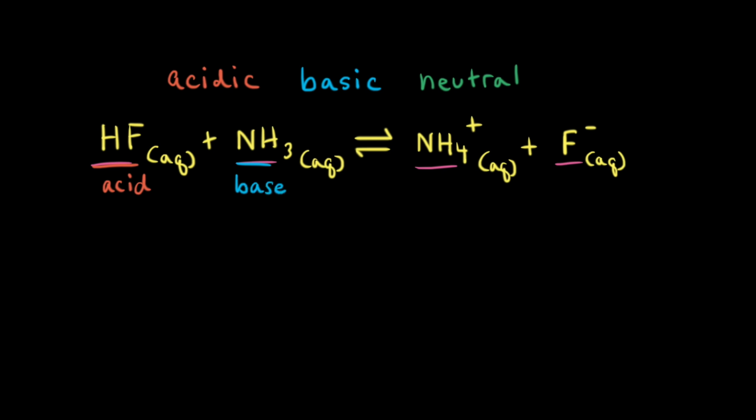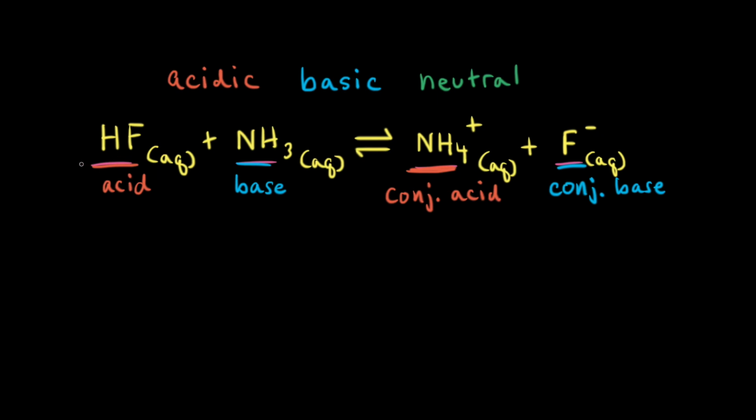And when HF donates a proton, it turns into F-, the fluoride anion. Therefore, the fluoride anion is the conjugate base to HF. And when ammonia accepts a proton, it turns into NH4+, the ammonium ion. Therefore, the ammonium ion is the conjugate acid to NH3.